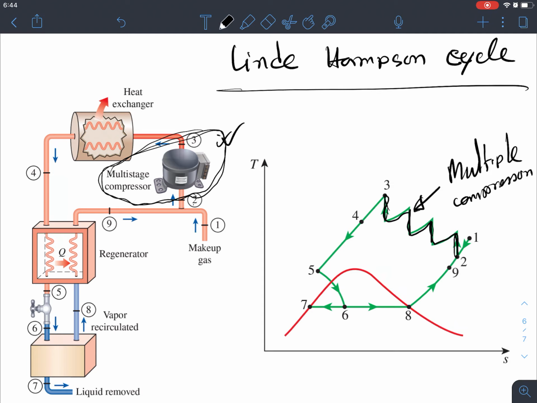And then from 3 to 4, it's the heat exchanger where the heat rejection, or QH, is happening, right? And then from 4 to 5, there is an additional heat exchanger, a regenerator unit, so basically Q regeneration is happening.